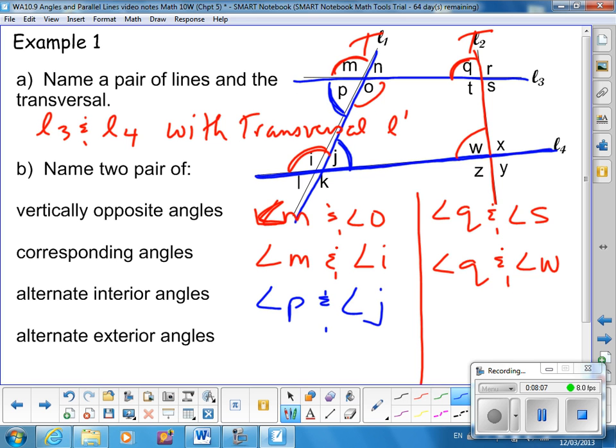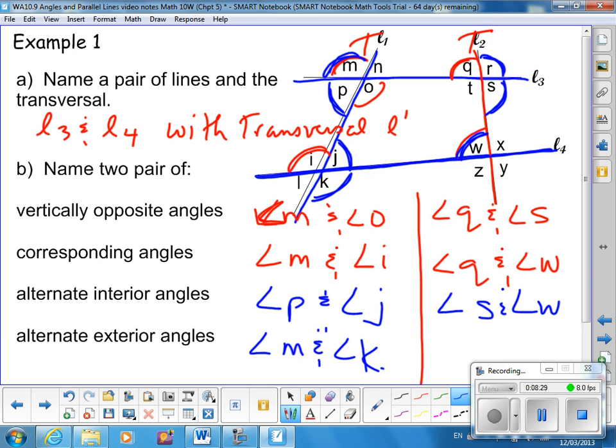On the second set, I'm looking at angle S to the right of the transversal, so I need an angle to the left of the transversal, which is W. Alternate exterior angles. From M, which is exterior on the left, I'm looking for K, exterior on the right. And angle R is exterior on the right, so I'm looking for Z, which is exterior on the left.